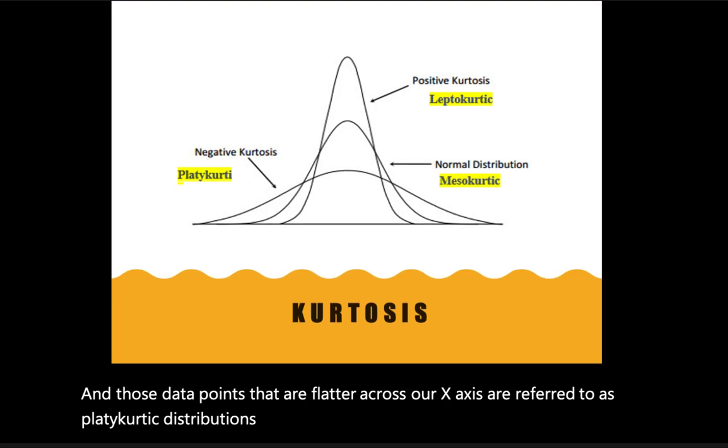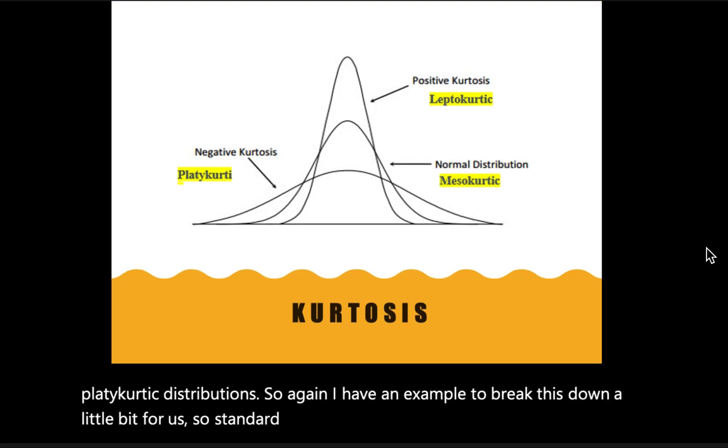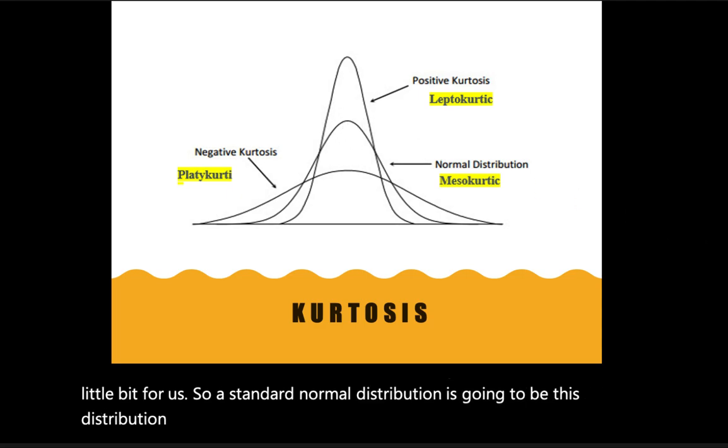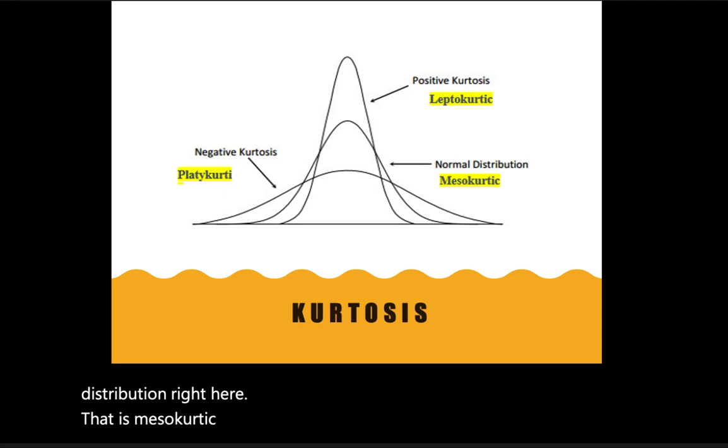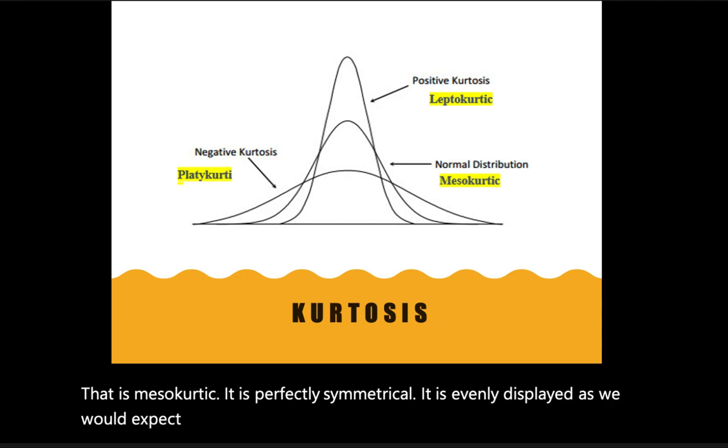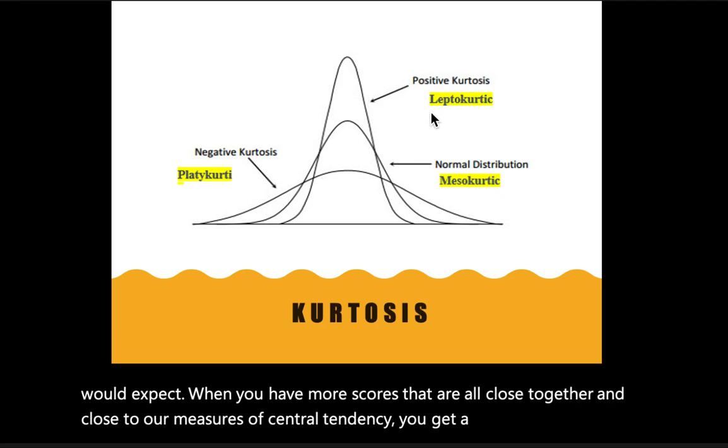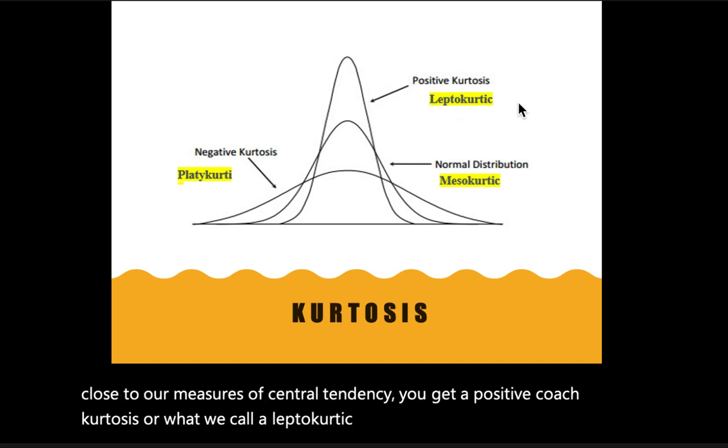So again, I have an example to break this down a little bit for us. A standard normal distribution is going to be this distribution right here. That is mesocurtic. It is perfectly symmetrical. It is evenly displayed as we would expect. When you have more scores that are all close together and close to our measures of central tendency, you get a positive kurtosis, or what we call a leptokurtic distribution.